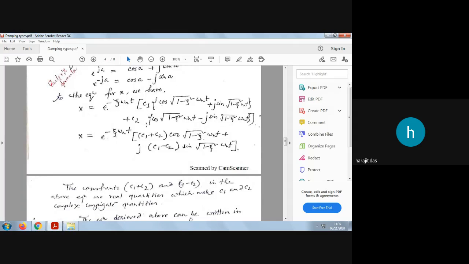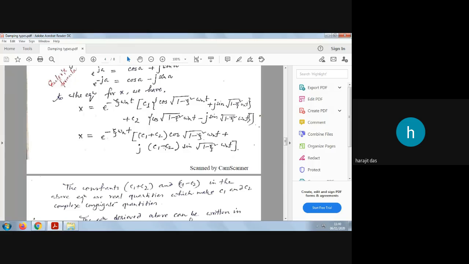Now you can simplify this one. e to the power minus zeta omega n t is common. Taking cos under root 1 minus zeta square omega n t common, you get c1 plus c2. Taking sine under root 1 minus zeta square omega n t common, you get j times c1 minus c2, because of the minus sign.